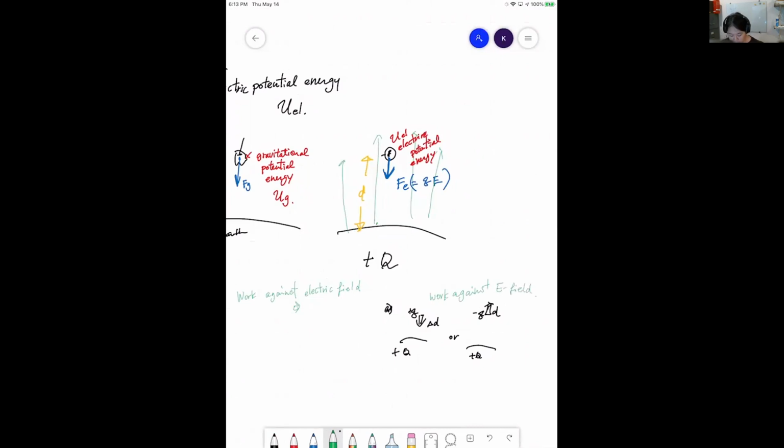What happens to the potential energy if you do work against the electric field?